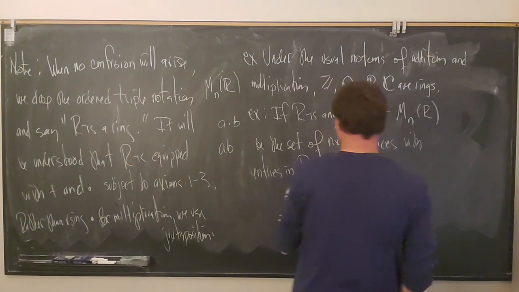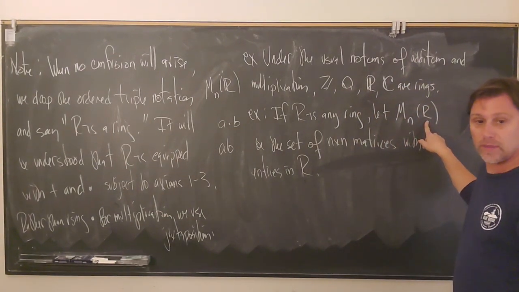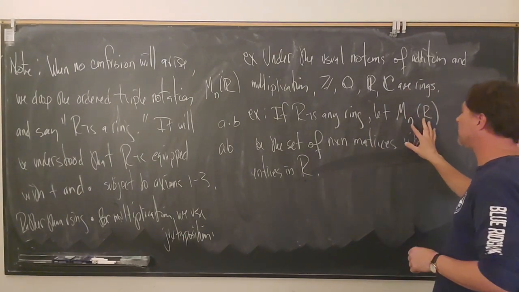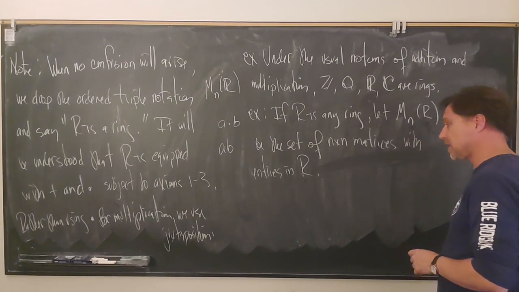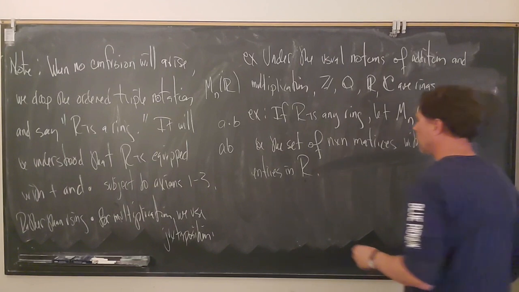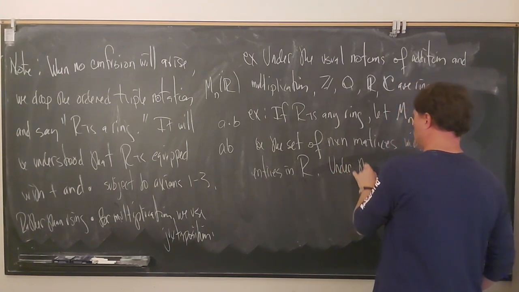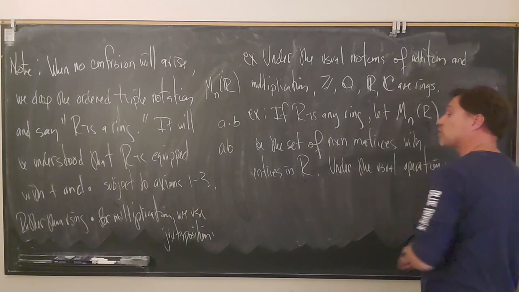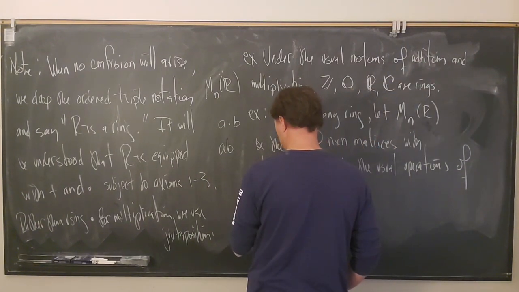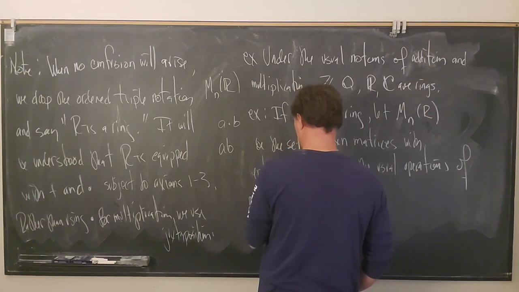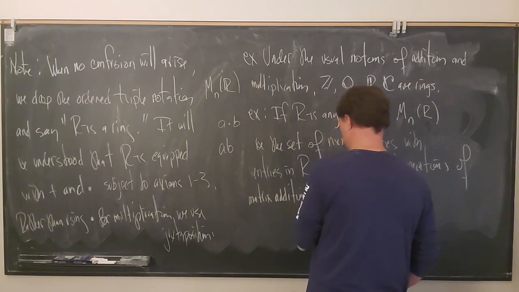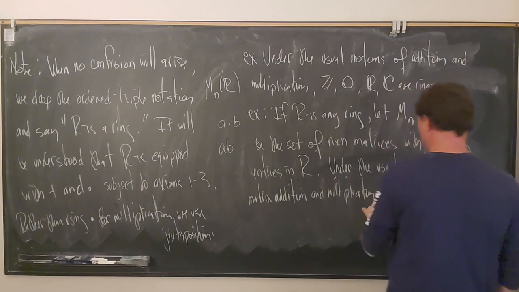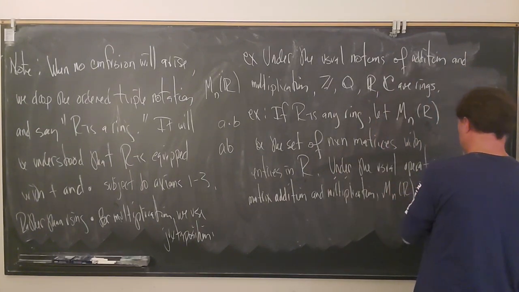In particular, if we want, we can put Z here and consider the set of n by n matrices with entries in Z. Under the usual operations of matrix addition and multiplication, M sub n R is a ring.